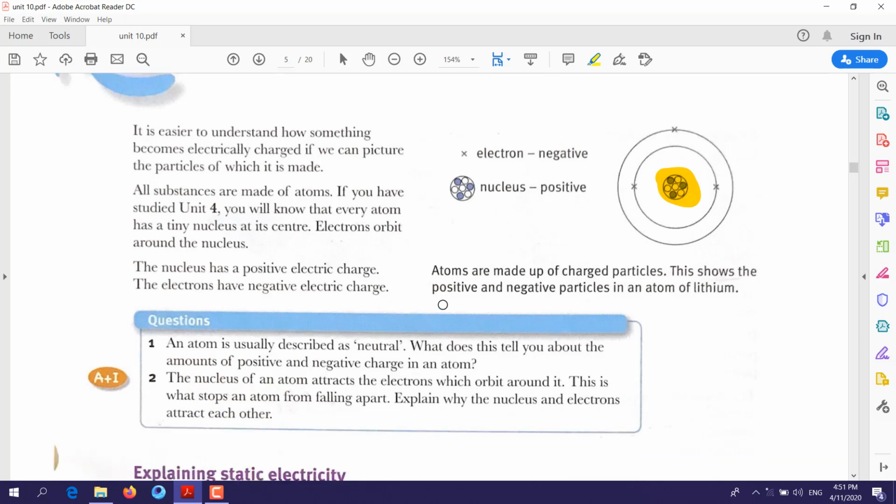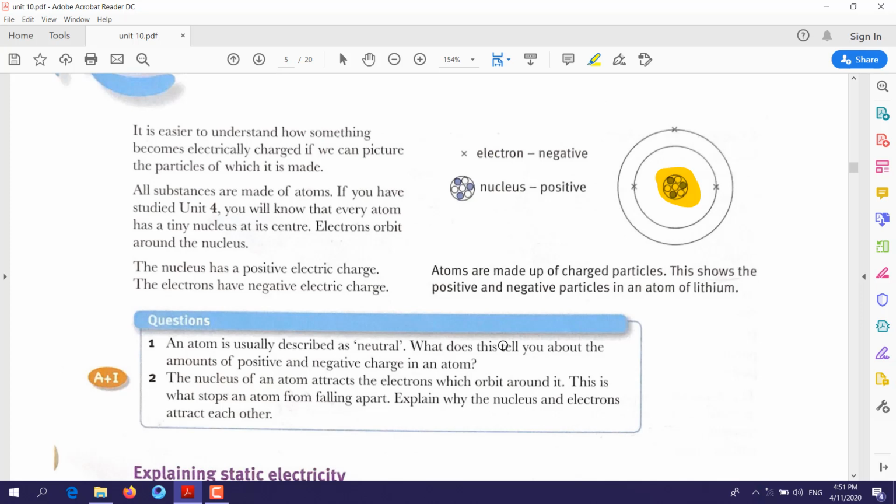Now questions. An atom is usually described as neutral. What does this tell you about the amount of positive and negative charge in an atom? As I explained before, materials before you rub them with each other are neutral. What does that mean? It means their atoms don't have any charge. What do we mean by no charge?